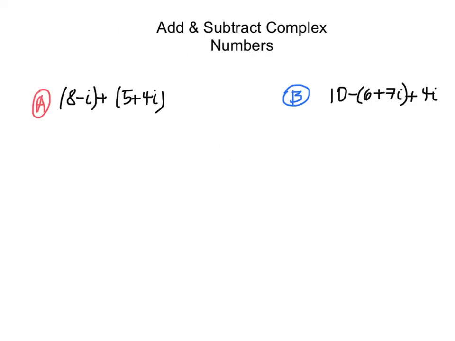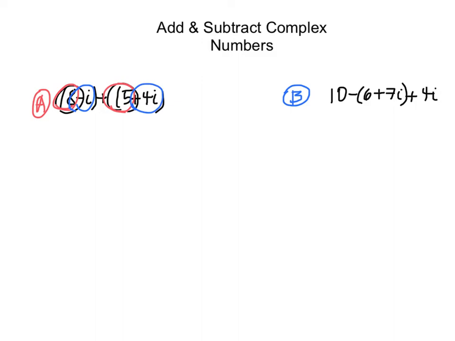Next, we're going to take our complex numbers and add and subtract them. When we're solving these problems, they're pretty simple. We just have to take 8 and 5 and solve those together, and take the i's and solve those together.